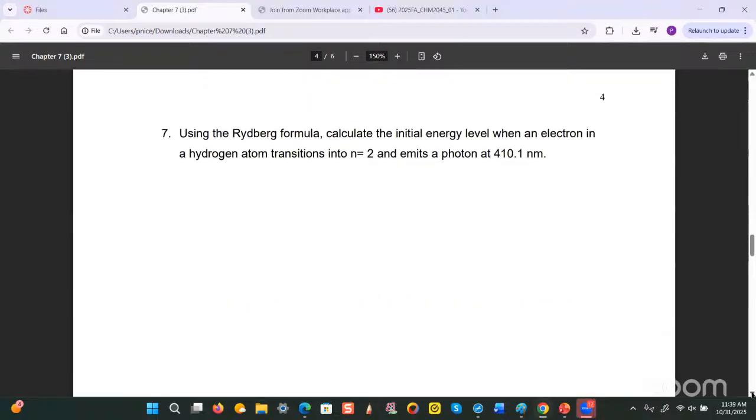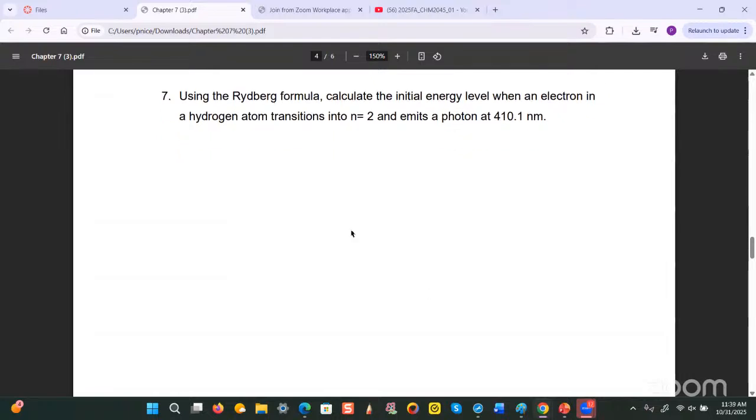Okay, so this question is a bit different from the others. You're still using the Rydberg equation. It says, using that formula, calculate the energy level when an electron in a hydrogen atom transitions into n equal 2 and emits a photon of 410.1 nanometers, right?